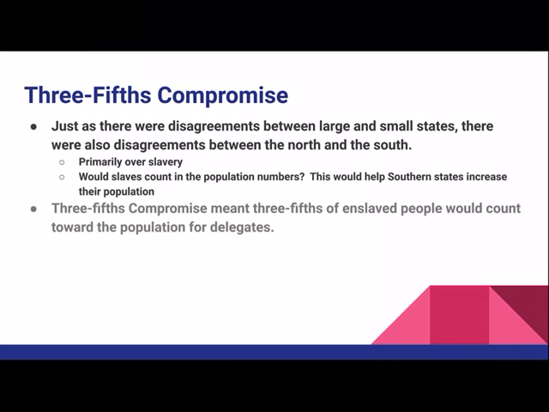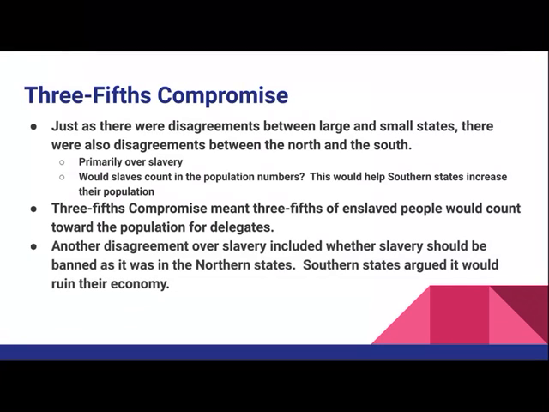Well, it's kind of a double standard because these people are saying, oh, no, our slaves are our property, but then also they want them to count towards their population.